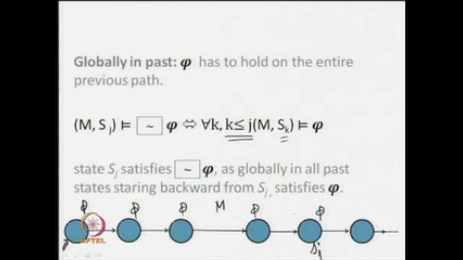So, we can mark this state with globally in past phi. This is the meaning of the past operator. We go to a particular state, look at all the states in the past, and if the formula holds in all the past states, then globally in past phi holds in that state.